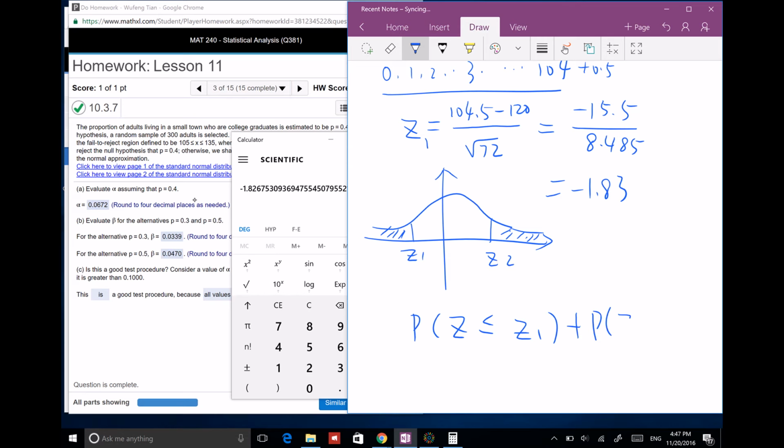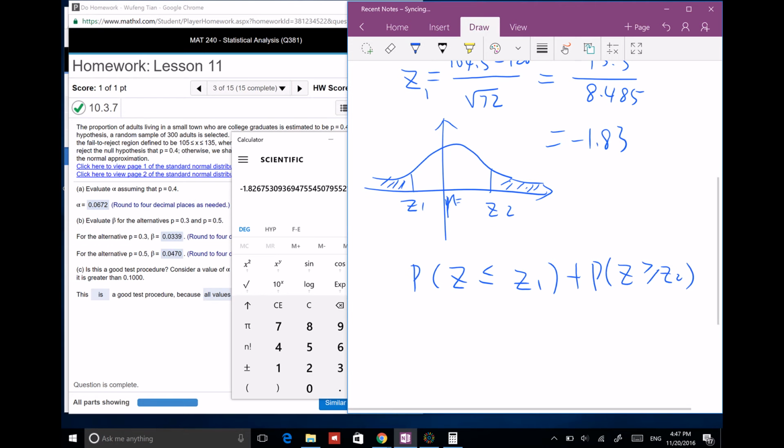Z less than or equal to Z1, or Z bigger than or equal to Z2, you reject, because it's too far away from mu equals 120. The Type 1 error is the rejection error probability. So alpha is the reject probability. Since they are symmetric, it is 2 times P(Z less than or equal to negative 1.83).